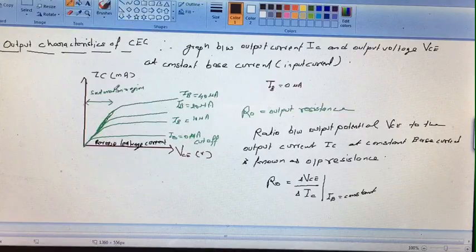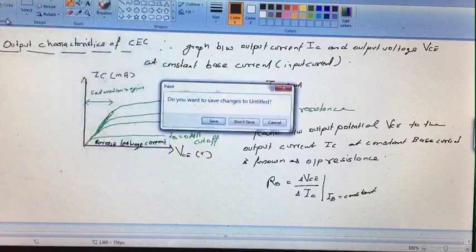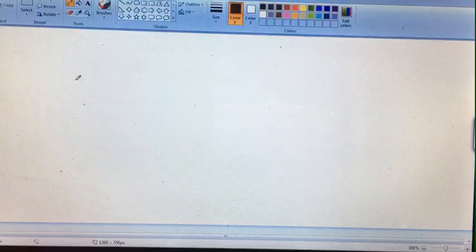Now, collector current, base current characteristic. That means we are going to discuss input and output current. So third point is collector current, base current characteristic.